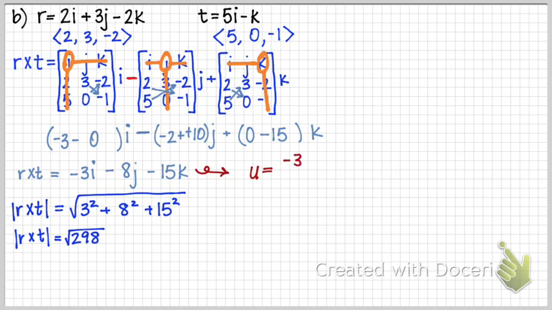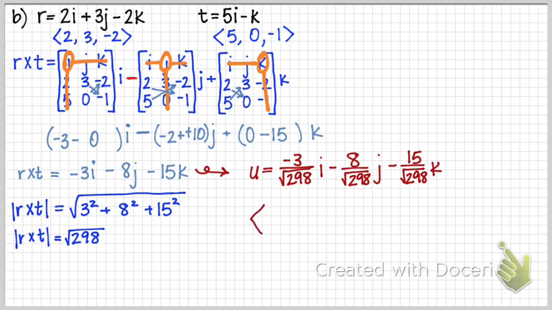So we've got -3 over the square root of 298 i, minus 8 over the square root of 298 j, minus 15 over the square root of 298 k. And just as a reminder how this will look on Canvas, you'll have 3 boxes inside of those brackets, and you'll just fill in each component.